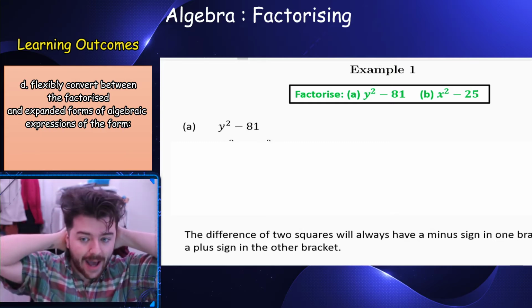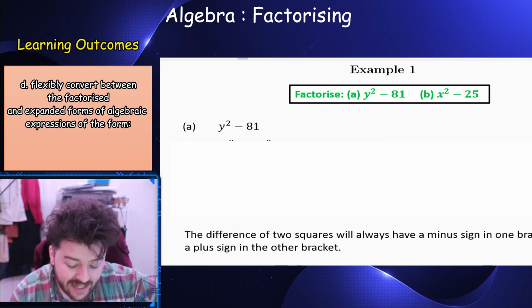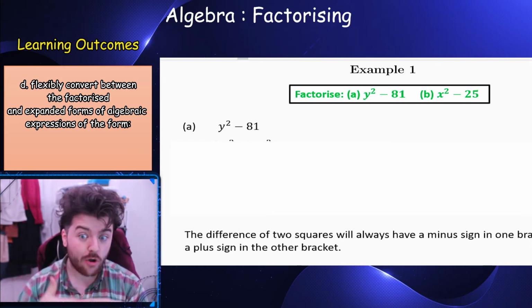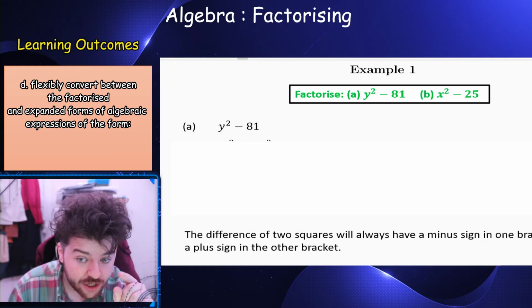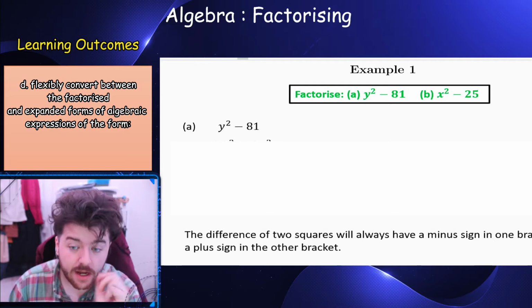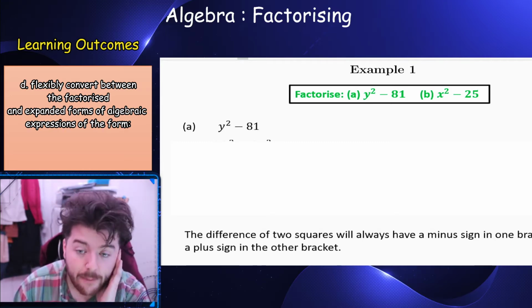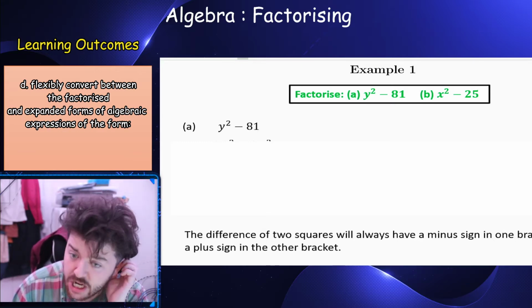What am I being told here? What do I need to look out for? So difference, i.e. subtraction. I need to see a subtraction of two terms, squares. And these numbers have to be able to be written as a squared number.